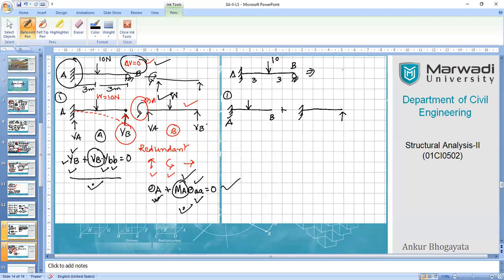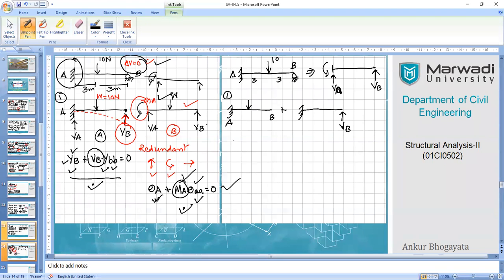For that it is necessary that you draw the free body diagram also. That will give you better clarity. So VA and VB. In this second case, you have applied VB. Now when you club this together, it becomes your original structure, as you can see here.